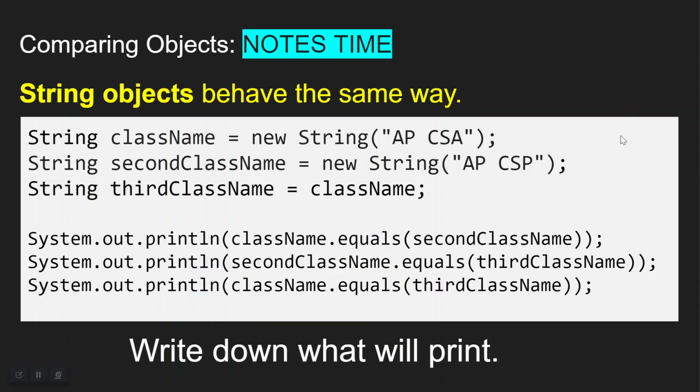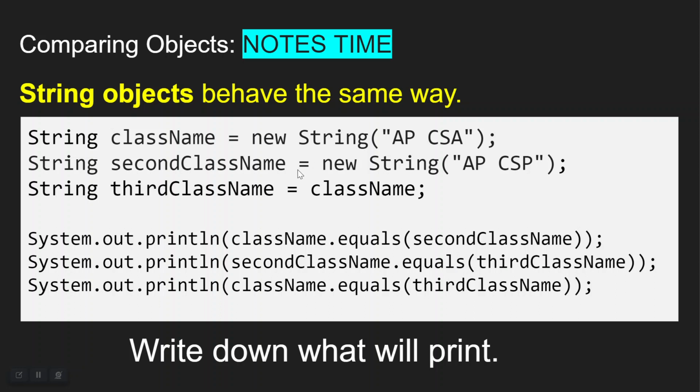Finally, if we switched it and we used the dot equals method instead, now we're testing, do they actually contain the same characters? So className.equals(secondClassName). Well, let's see. className is APCSA. secondClassName contains APCSP. So we would expect that to be false. secondClassName.equals(thirdClassName).